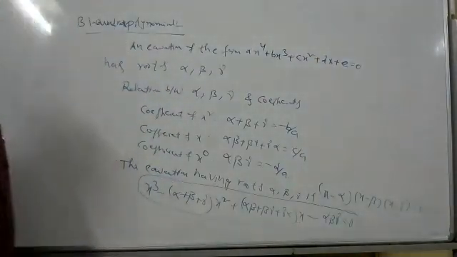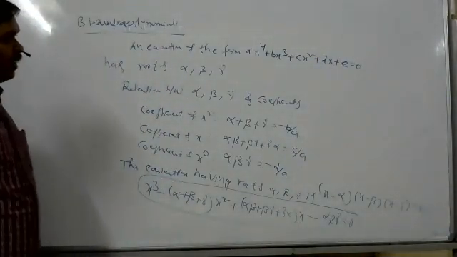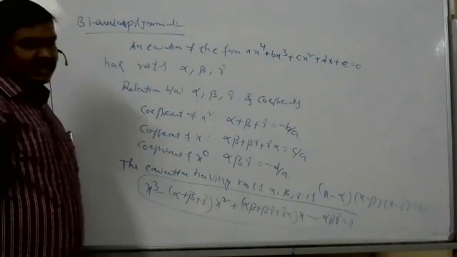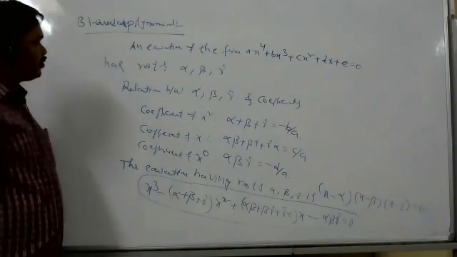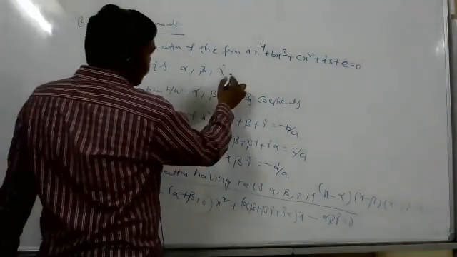ax power 4 plus bx cube plus cx square plus dx plus e is equal to 0 has roots alpha, beta, gamma and delta.